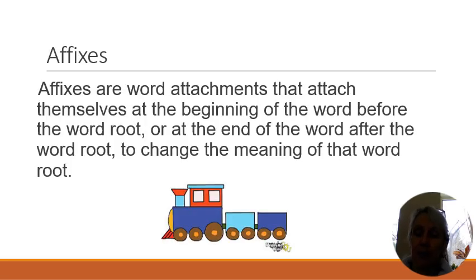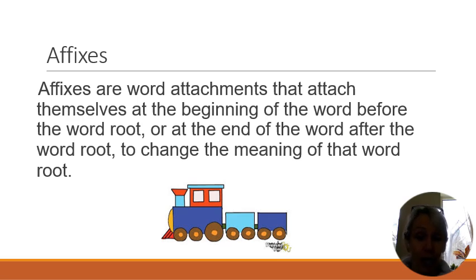As if we were still looking at the word root, we would look at that middle car on this little chain as the word root. Affixes are word attachments that attach themselves at the beginning of the word, before the word root, or at the end of the word, after the word root, to change the meaning of that word.